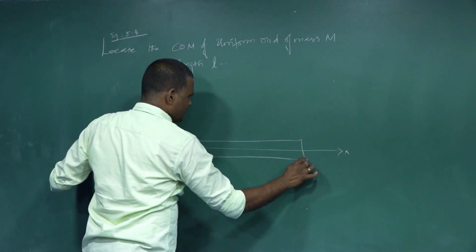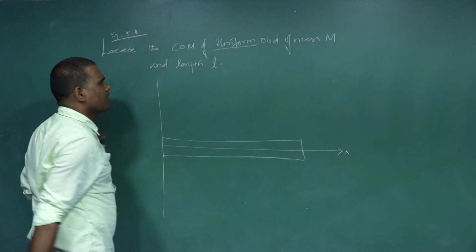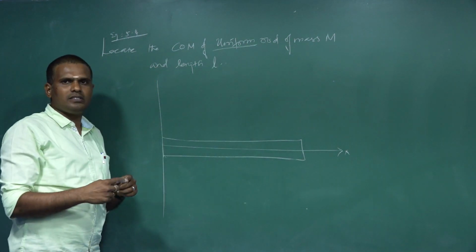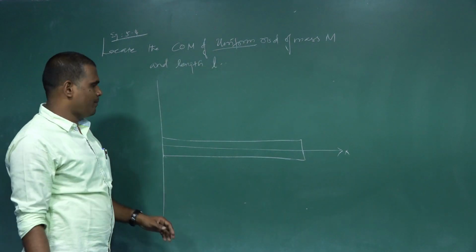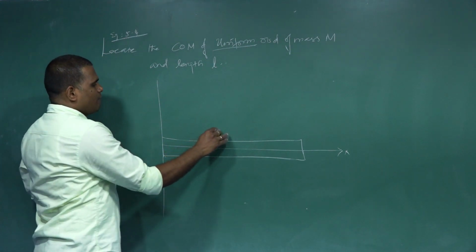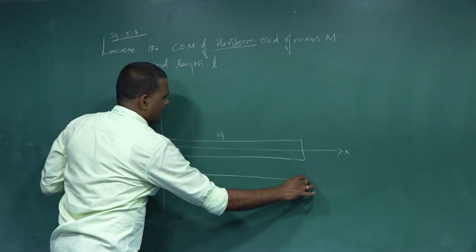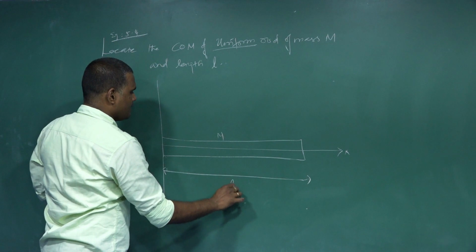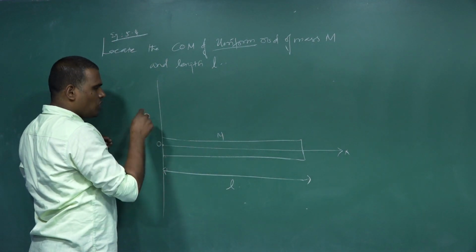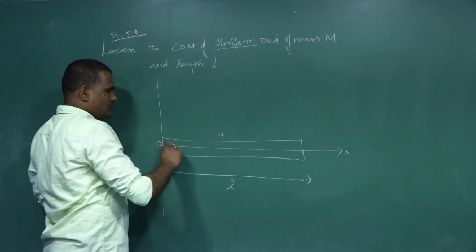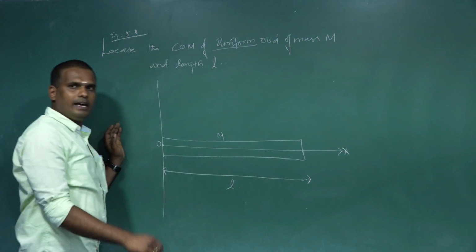What does the term uniform mean here? Its area of cross section remains the same everywhere. We call it a uniform rod. So, a uniform rod of mass capital M and length L is taken. One end of the rod is at the origin, and the rod is lying along the x direction.